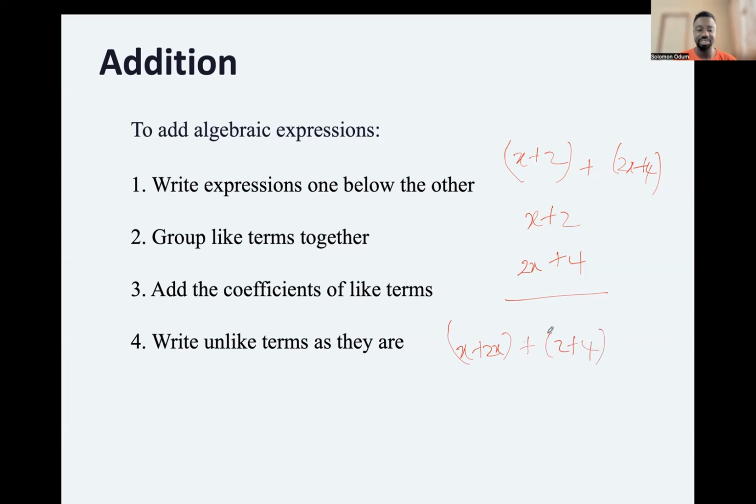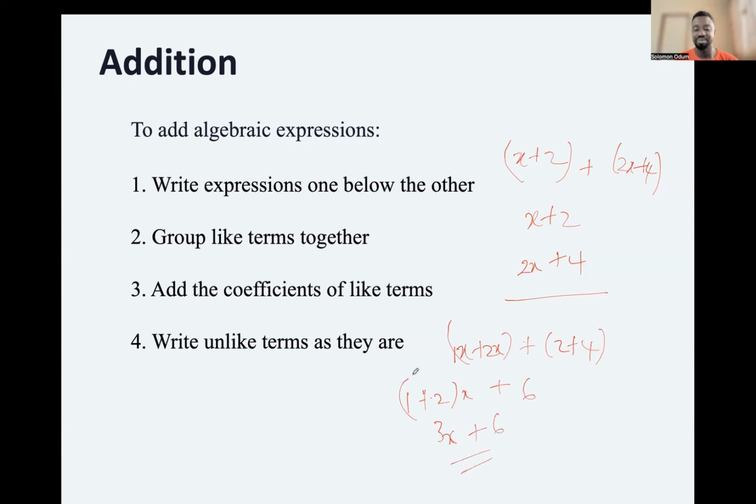You group like terms. As I said, you add the coefficients of the like terms. The coefficient of x is 1, so you have 1 plus 2, which gives 3x, plus 6.